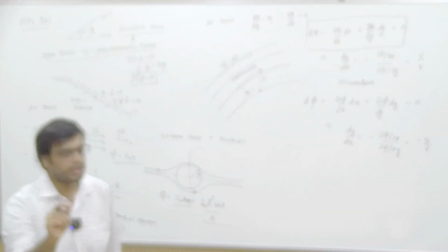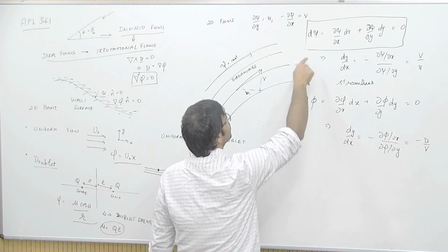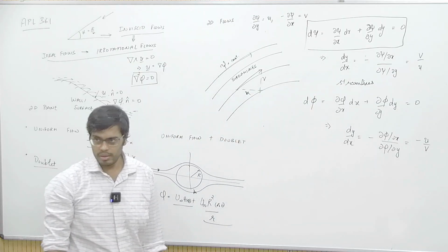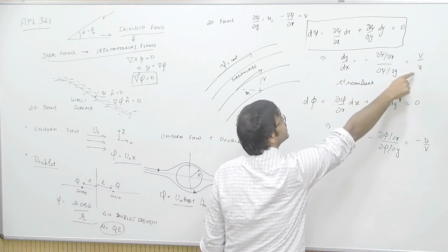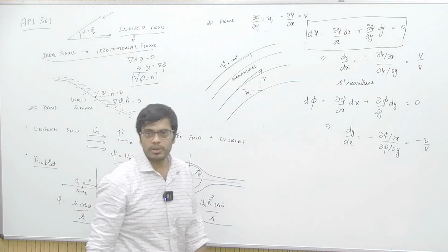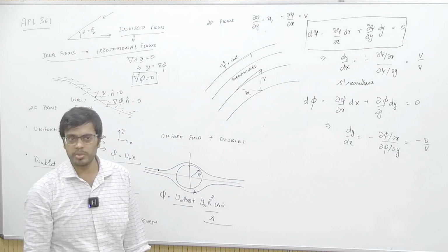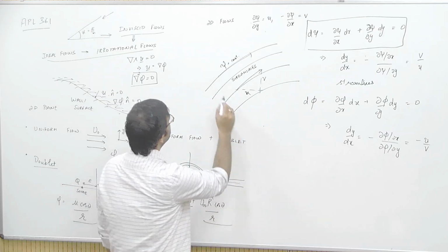At a given point where these two curves intersect, the velocity vector is unique. So the product of the slopes is equal to minus 1, which means they are perpendicular.